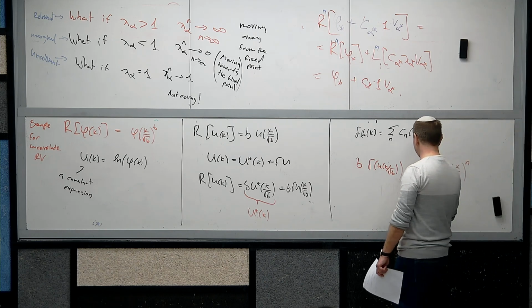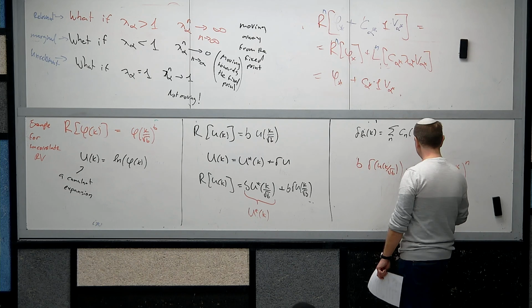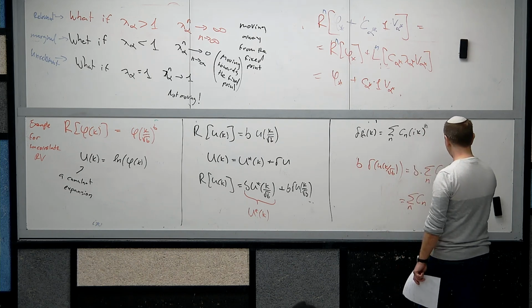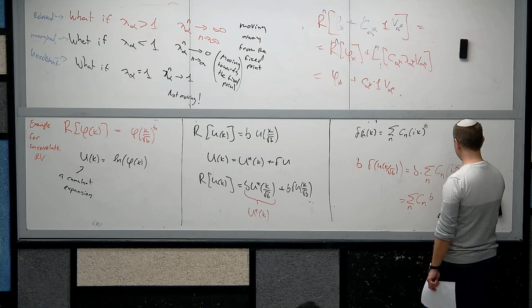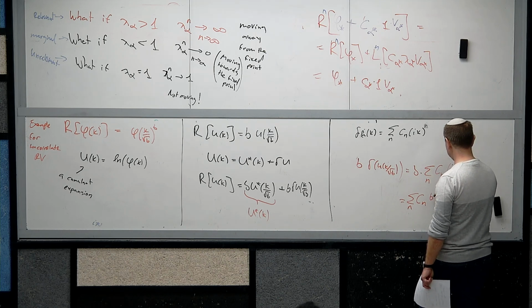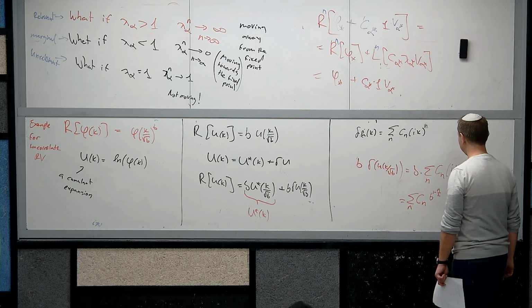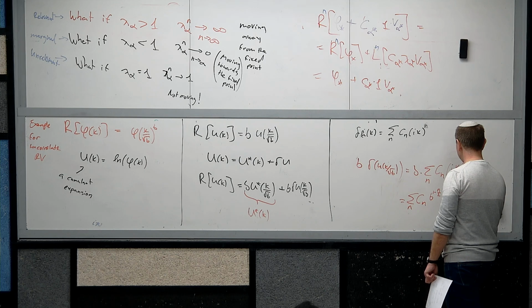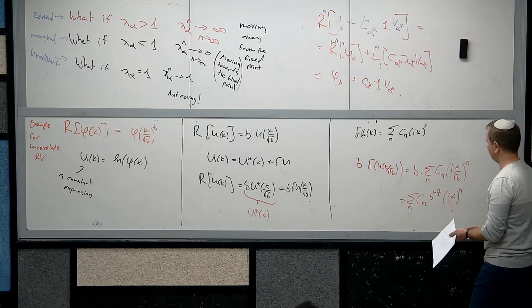So I have here a summation over n of C n, B to the power of 1 minus n over 2, ik to the power n.